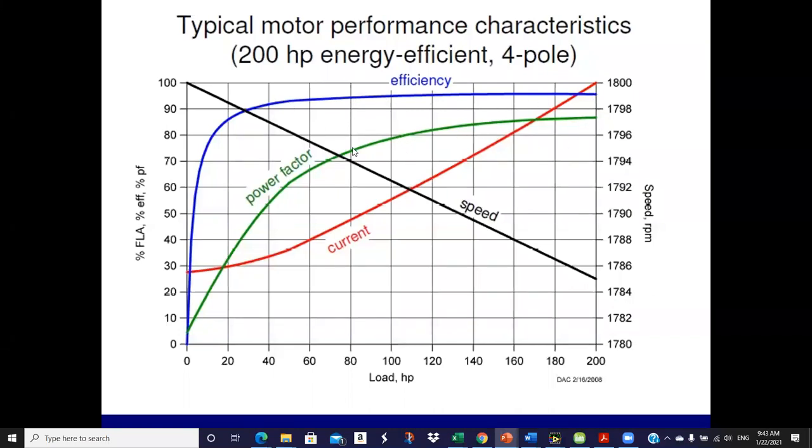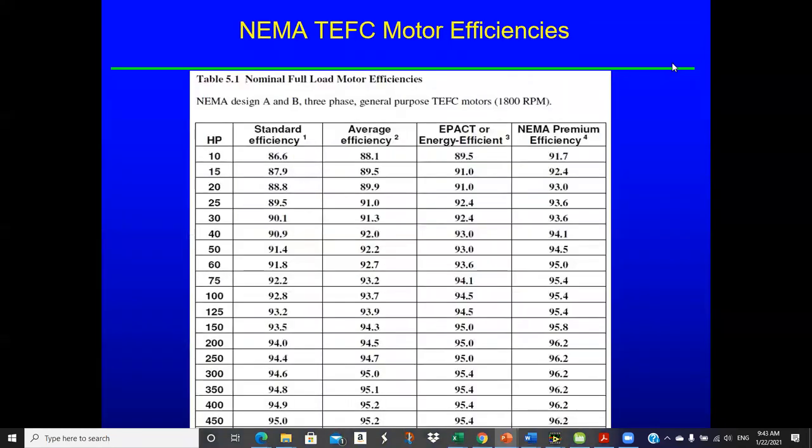Power factor falls off more significantly at 40 horse, which is 20%. I'm down about 55% on power factor, which could be an issue if you've got a lot of that going on in your plant. And we see how the current falls as a function of load. So just general stuff that's in the background. Motor efficiencies from NEMA premium efficiency down to standard efficiency, you can see just as a reference.